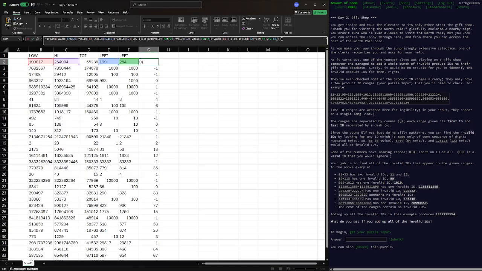So otherwise, if they're not, if the value of that and that is greater than high than 0.